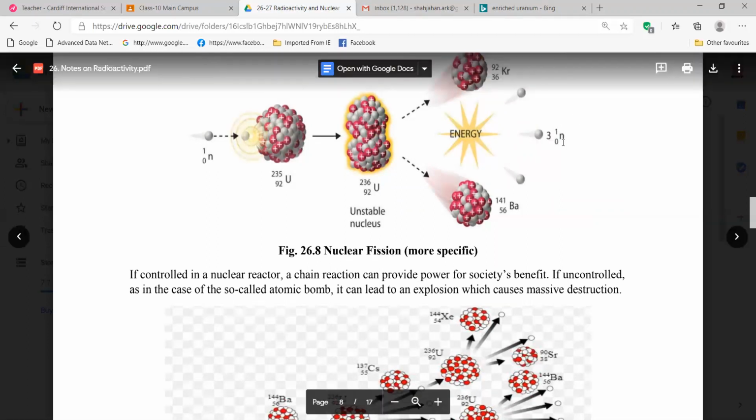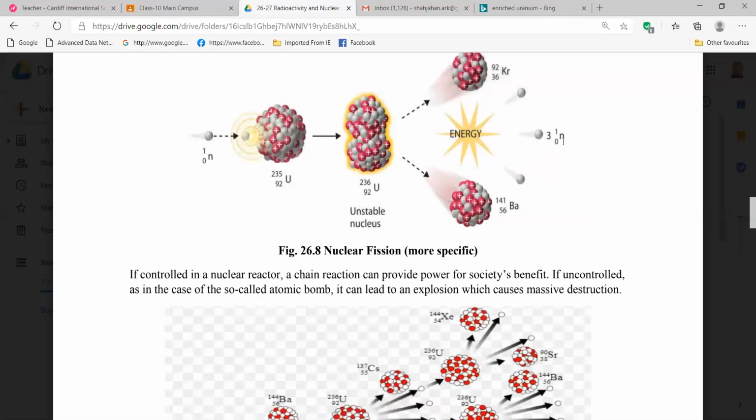Those 3 neutrons will hit another 3 uraniums, and after that we will again get 9 neutrons, right? So those 9 will hit 9 more uranium nuclei. This way this process will continue. This is called an uncontrolled chain reaction.